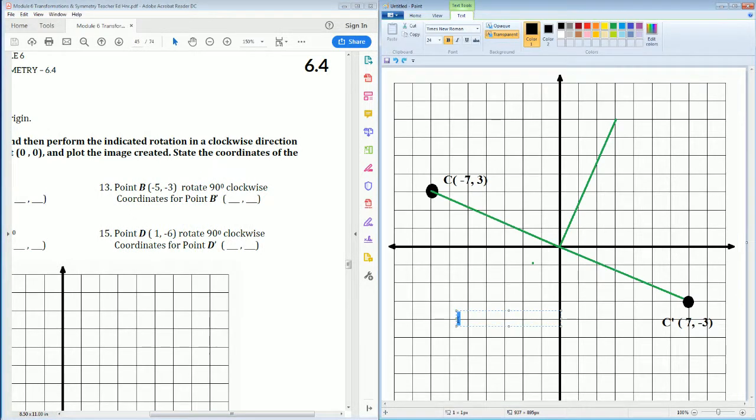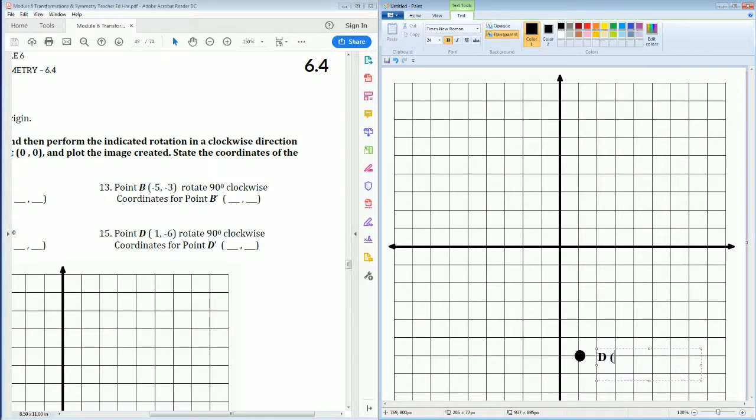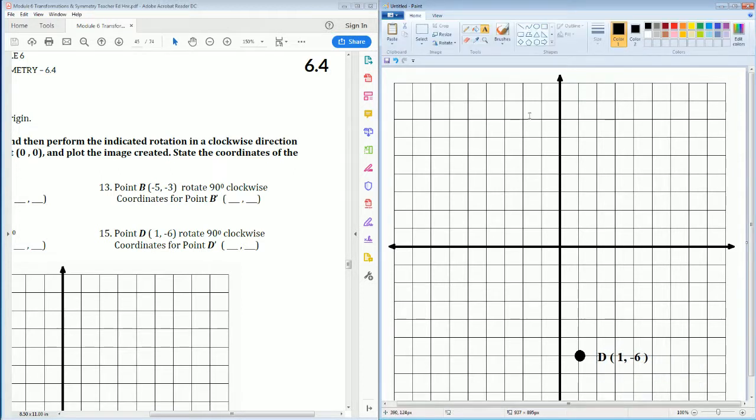And D, let's do the last one. D is at 1 comma -6. So 1, -6: 1, 2, 3, 4, 5, 6. Good. This is the point. D is 1 comma -6. We are rotating it about the center, so let's do the line. So went across 1, down 6. So went left 1, up 6.